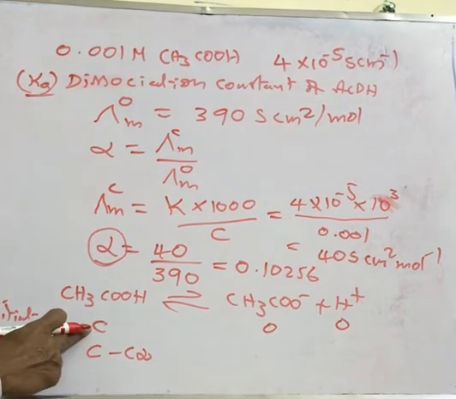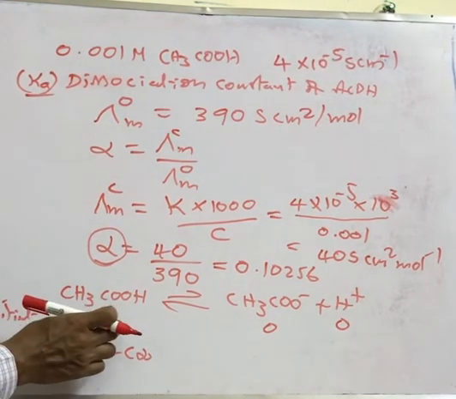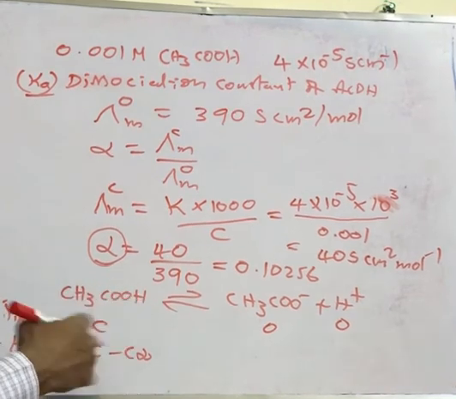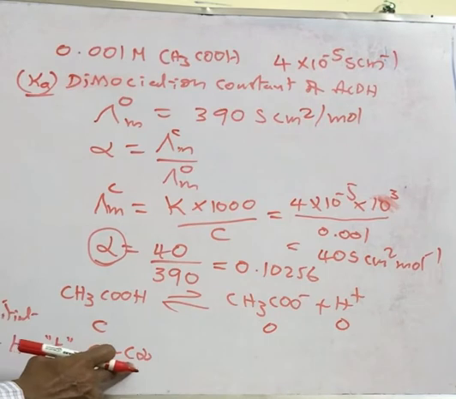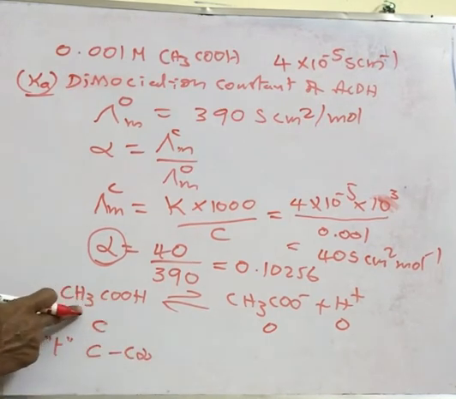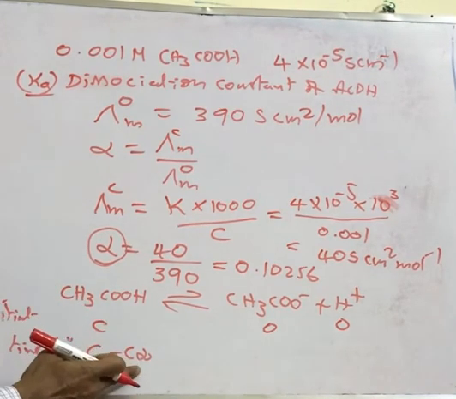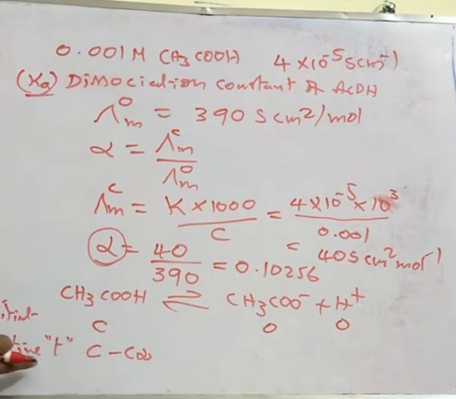So the degree of dissociation multiplied by the concentration is the quantity of acetic acid that is dissociated. So C alpha is the dissociated amount. From the initial concentration C, you remove C alpha, then this is the concentration left over at time t, that is C minus C alpha.